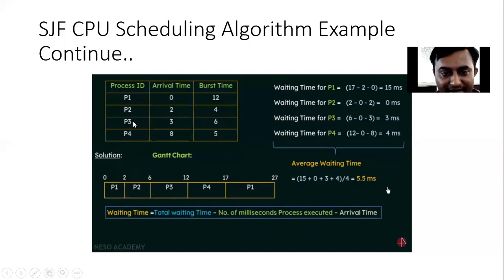That's why it is called shortest job first. It is based on the running time, or burst time, and according to the burst time we will schedule the process for execution.